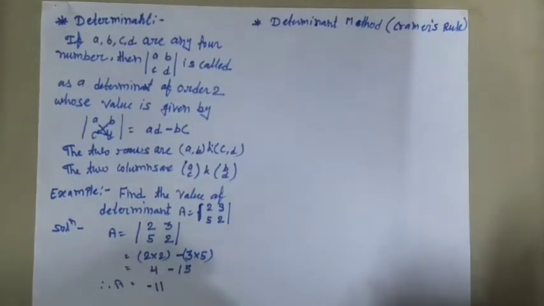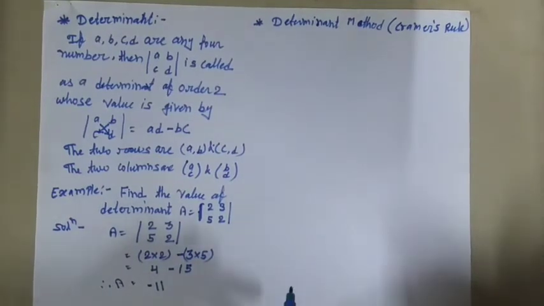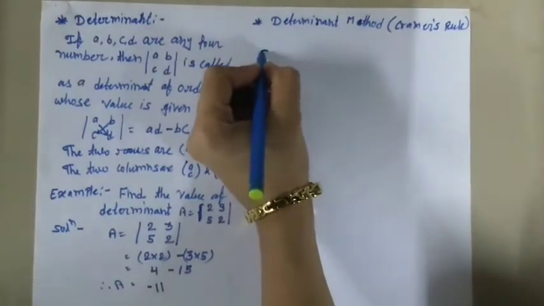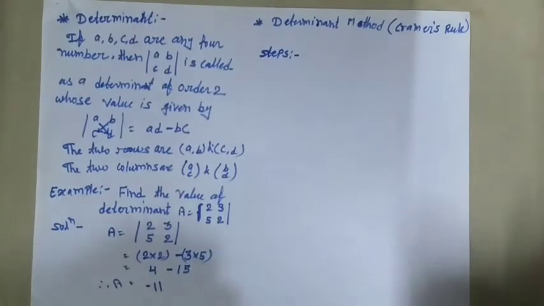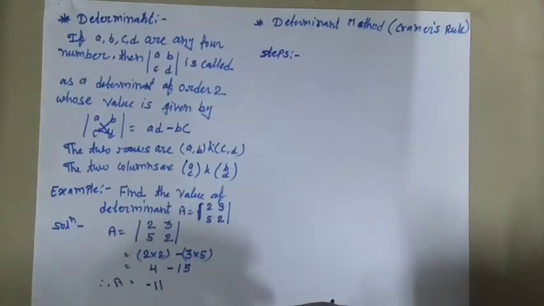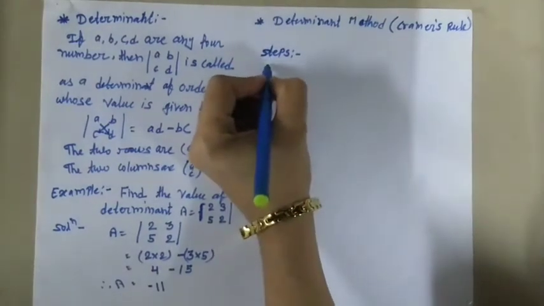Obtaining the solution of simultaneous equations by using determinants is known as Cramer's rule. Steps to solve simultaneous equations using Cramer's rule.